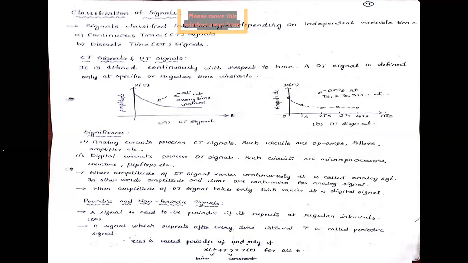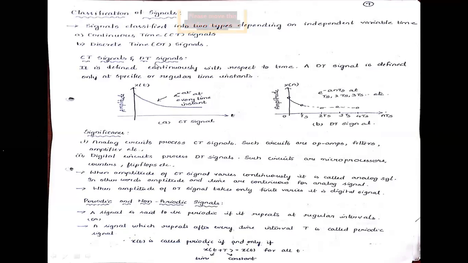It is also called a discrete signal. And a digital signal means both time on the x-axis and amplitude on the y-axis are discrete. Then we call it a digital signal. A digital signal takes only finite values.